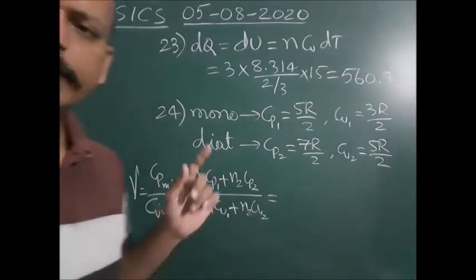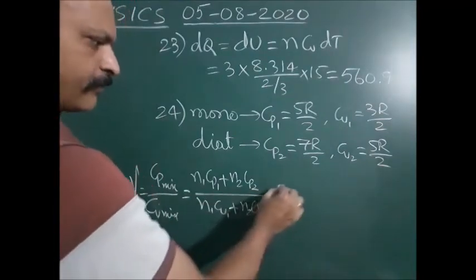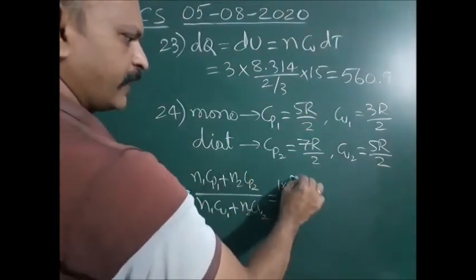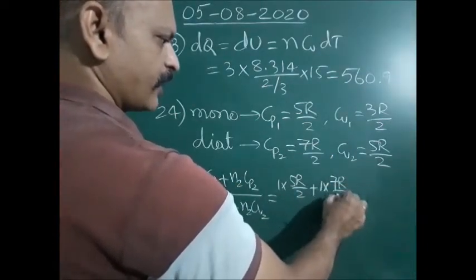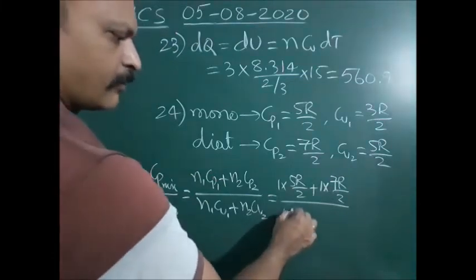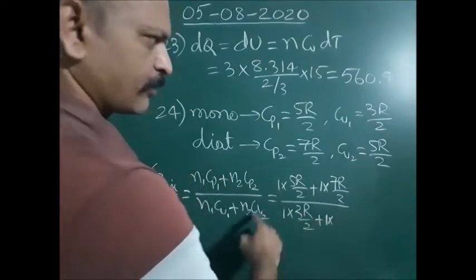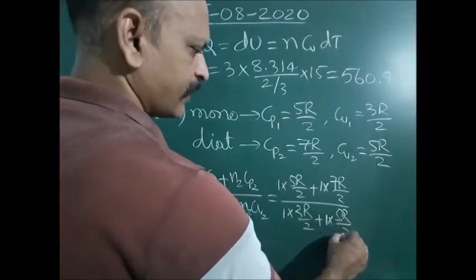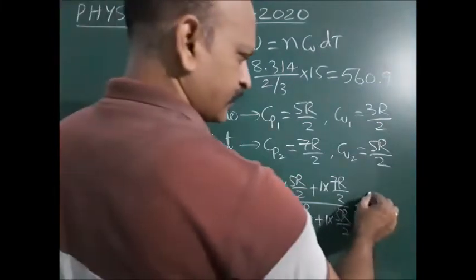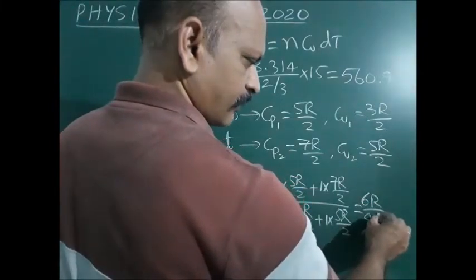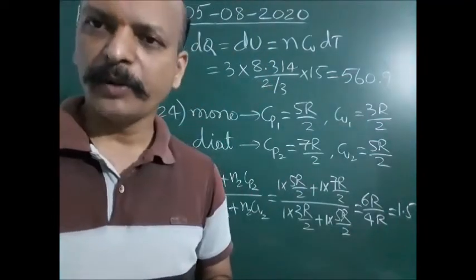In the question, N1 is 1 into Cp1 is 5R by 2, plus N2 is 1 mole, Cp2 is 7R by 2, by N1 1 mole, Cv1 3R by 2, plus N2 is 1 mole, Cv2 is 5R by 2. If you calculate this, you will get 6R by 4, that is nothing but 3 by 2, which is 1.5.